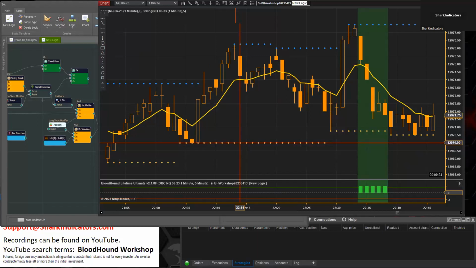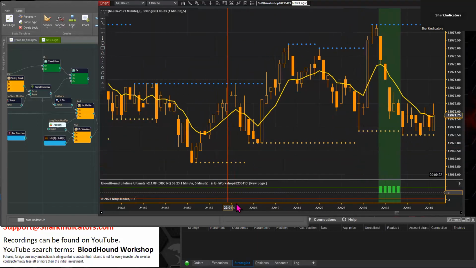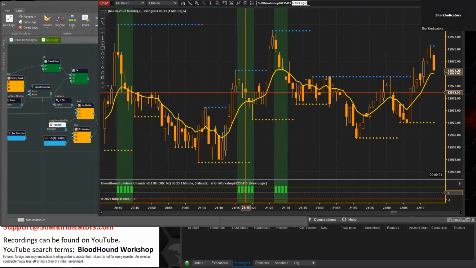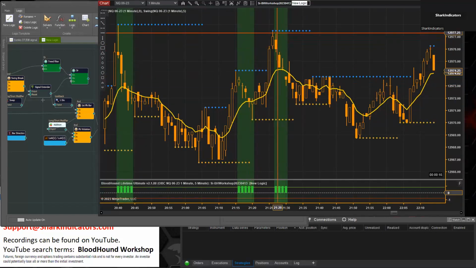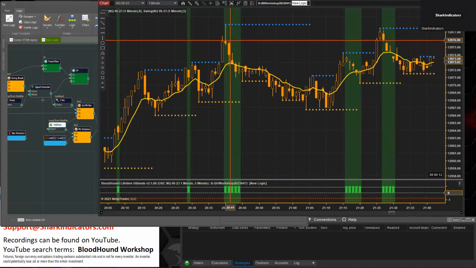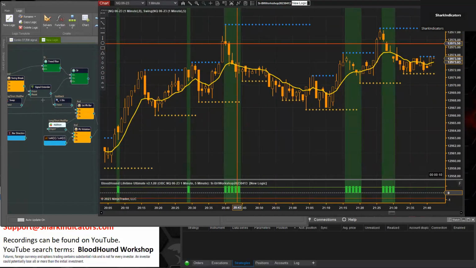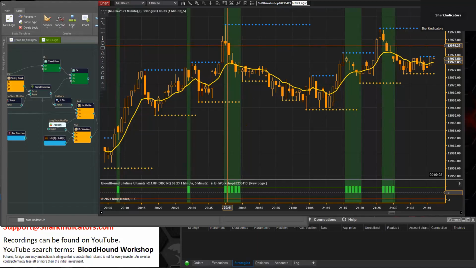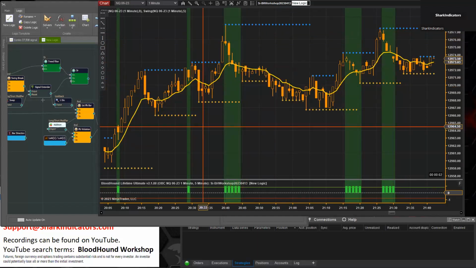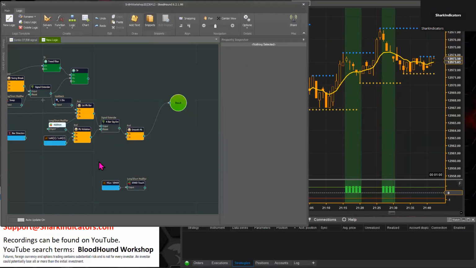Okay, so I think we're good with the pullback. I've checked enough places here where I think we've accounted for all the price action variations that we could get with this pullback. So I think we're good to go.